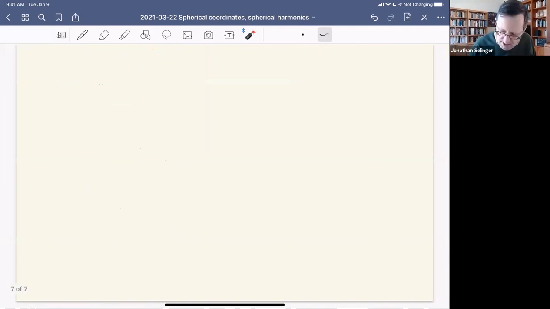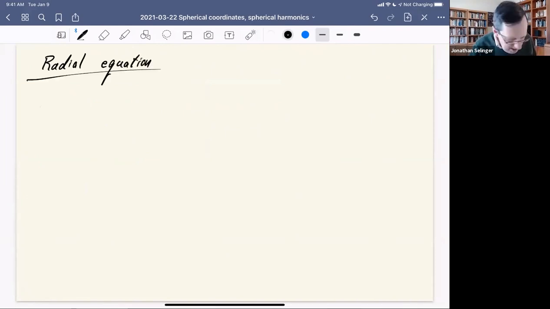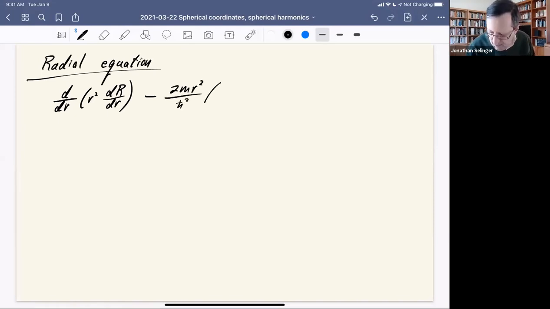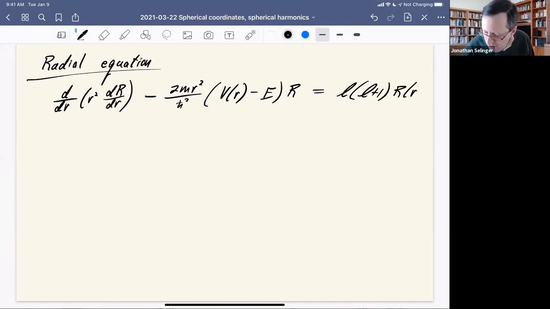The radial equation is d by dr of (r squared dR/dr), minus 2m r squared over h bar squared (V of r minus energy) times capital R, is equal to L times (L plus 1) times this R function.